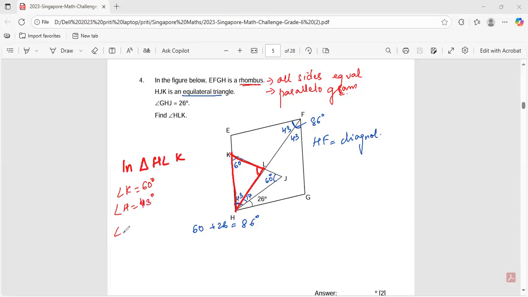Now we just need to find angle L, which will be 180 minus 60 minus 43, by the angle sum property. The angle sum property says that the interior angles of a triangle add up to 180 degrees. So this becomes 120 minus 43, which is 77 degrees. So the answer for angle HLK is 77 degrees.